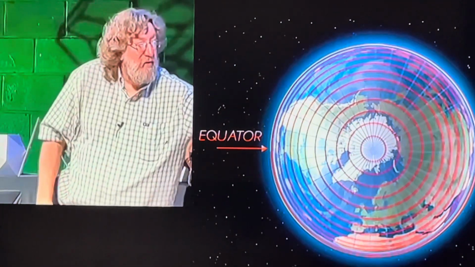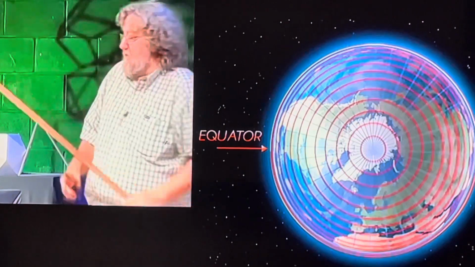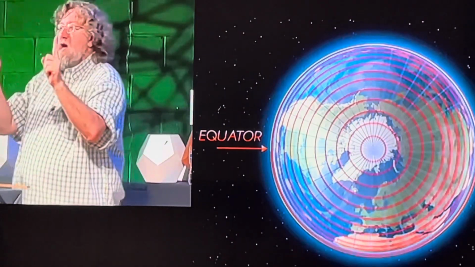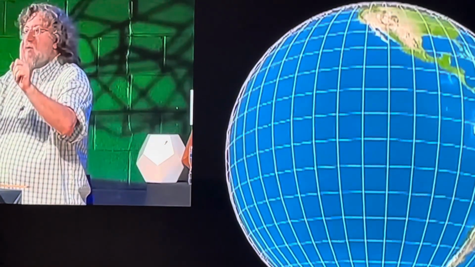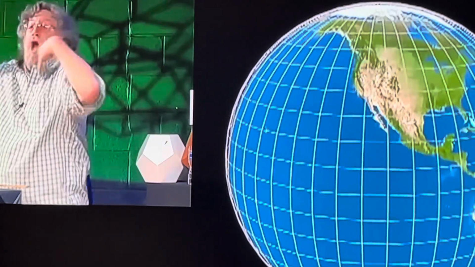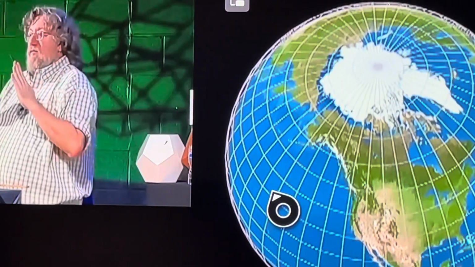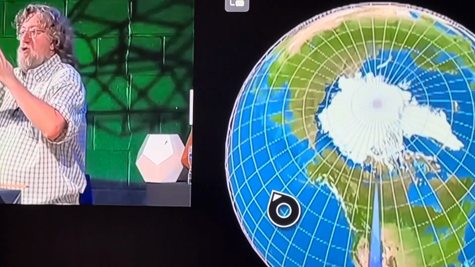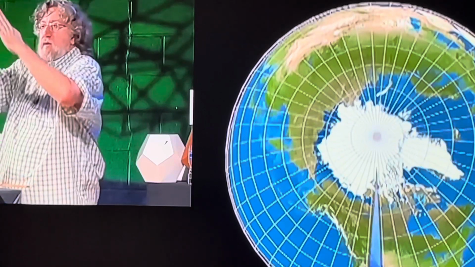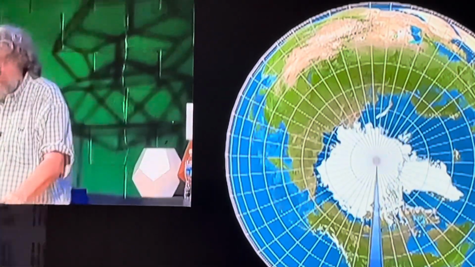So if you took the meridian lines, which would be the dotted lines, the distance between, say, 1 degree of meridians at the equator is going to be greater than the distance between the same 2 meridians, say in our latitude here in Atlanta, which is about 34 degrees north, or further north. As you travel further north, those meridian lines converge until you get to the North Pole, and then they meet each other and have 0 distance between them.